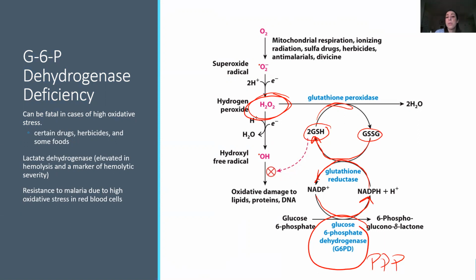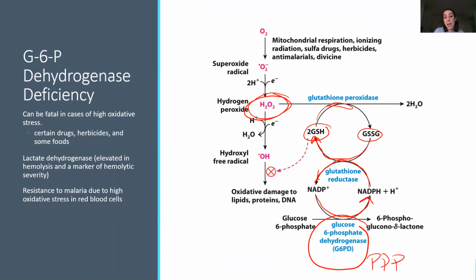So if you have an error where you're not producing enough glucose 6-phosphate dehydrogenase, you thus are not helping recycle this glutathione and helping limit oxidative stress. So people who have this error, it can be fatal where they have cases of high oxidative stress on their body. Usually they're triggered by ingesting something, certain drugs, certain foods, herbicides, any of these things can trigger high oxidative stress.